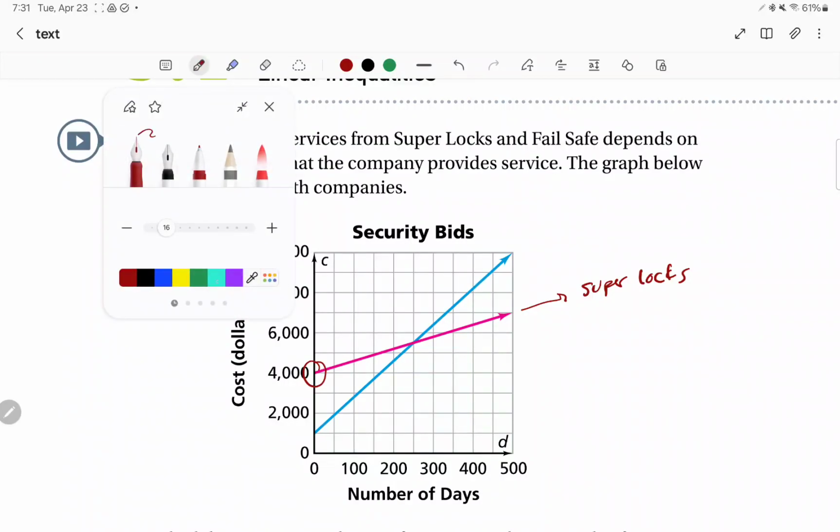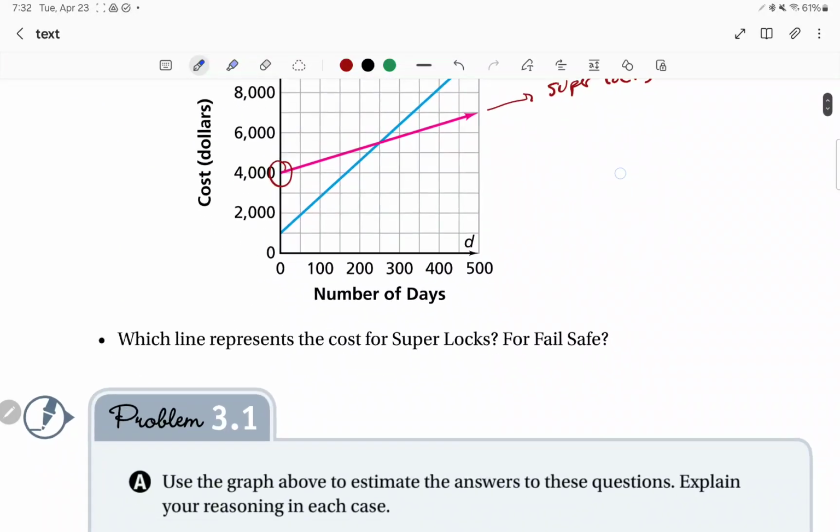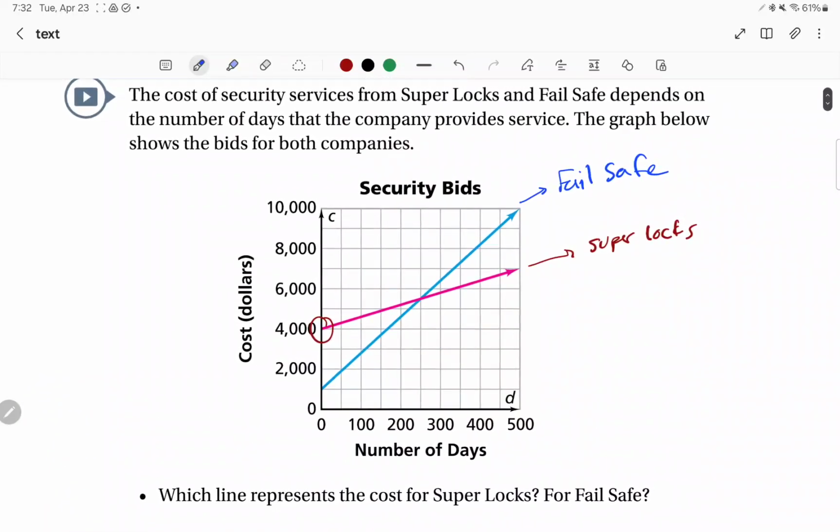And then the other one, the blue one, that is your Failsafe. So we're going to go ahead and label that. So in your notes, just make note that the blue line here is Failsafe and the red line here is Superlocks. And also here the dependent axis is your cost in dollars. Your independent is the number of days that you're purchasing these services.